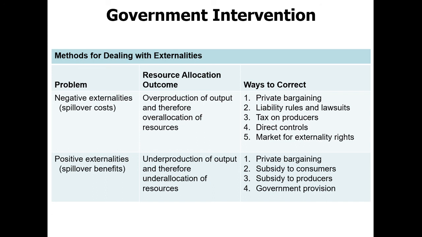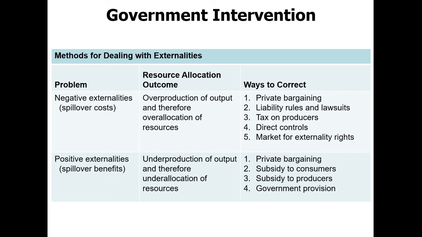So if the U.S. pollutes less, but they get a certain amount of pollution rights, and they don't use them, they could sell them to other countries, which would be an incentive for countries not to use all their pollution rights so that they can sell them to other countries. For a positive externality, again, private bargaining, subsidize the consumer or the producer. The College Board likes to focus on subsidizing the consumer, not the producer.